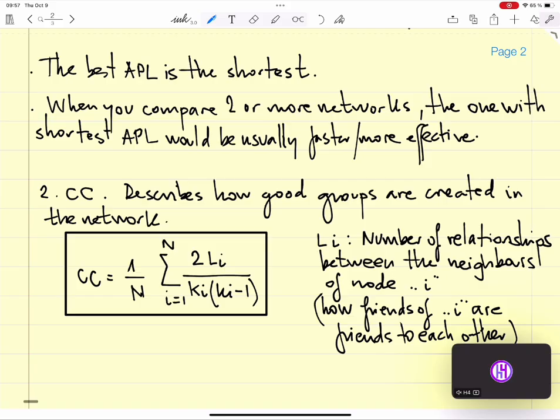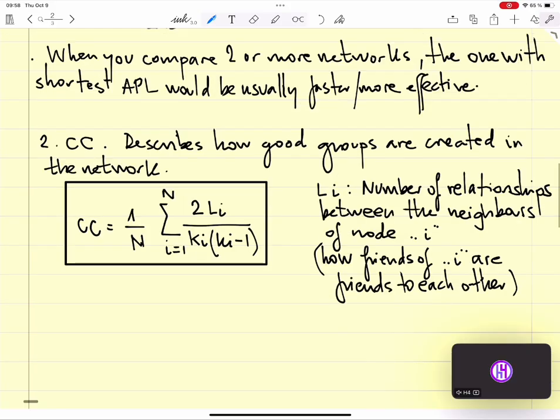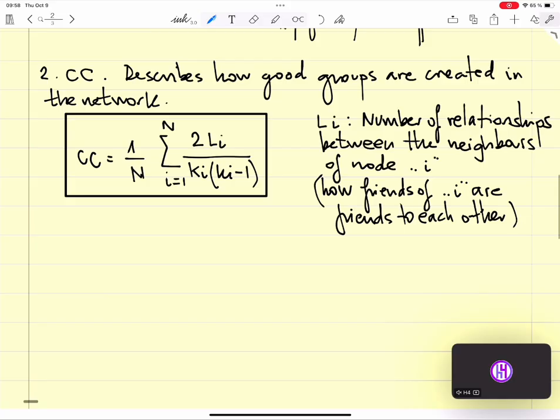And will be 0 if you're not connected in friendship. So the number of my friends that are friends between each other. Die Anzahl von meinen Freunden, die untereinander befreundet sind. Okay? So this looks complicated. K sub i is the number of neighbors. Okay, that's plain.